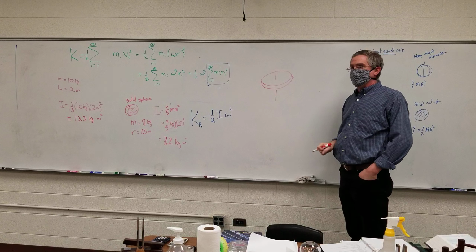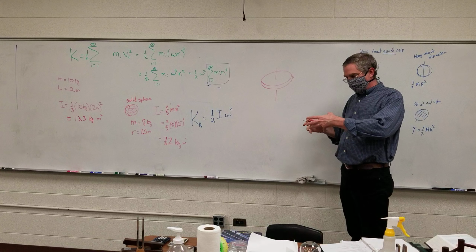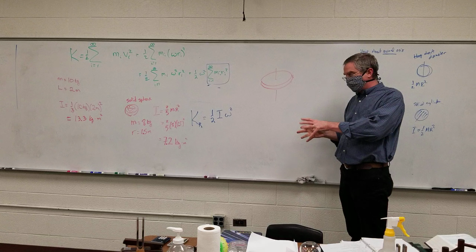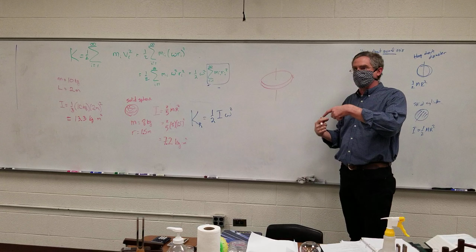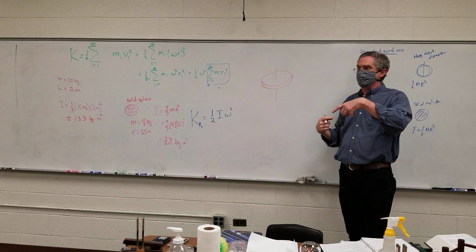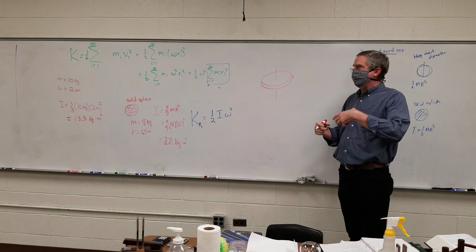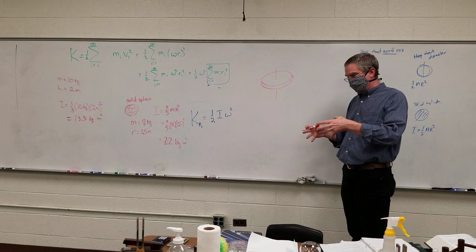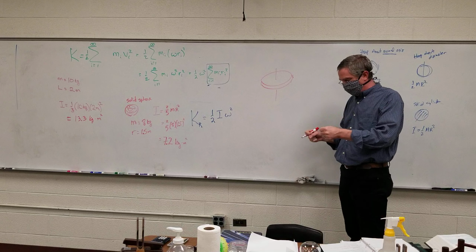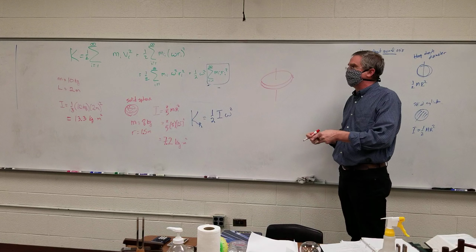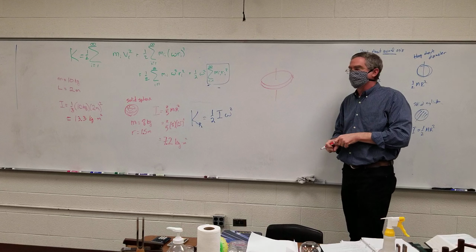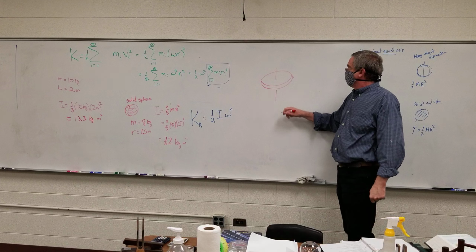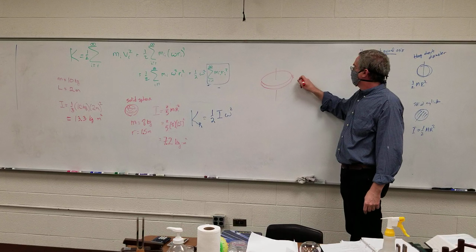It's called rotational inertia also because the greater the rotational inertia, the more resistant it is to change. So if I get something with a high moment of inertia or high rotational inertia, it will maintain that for a much longer time.